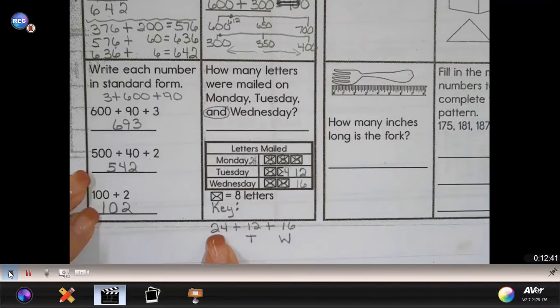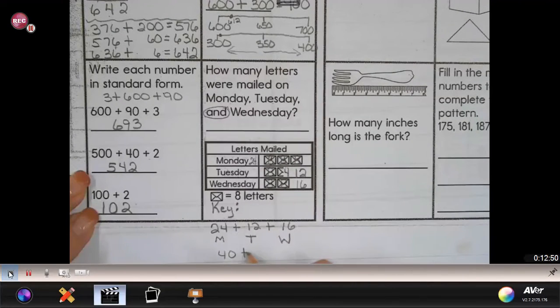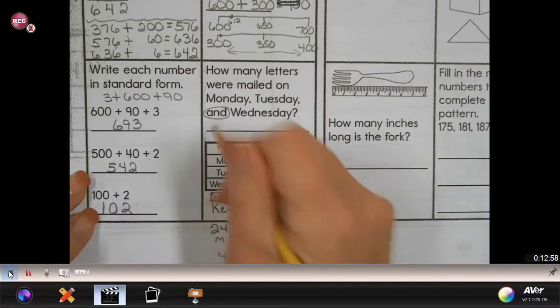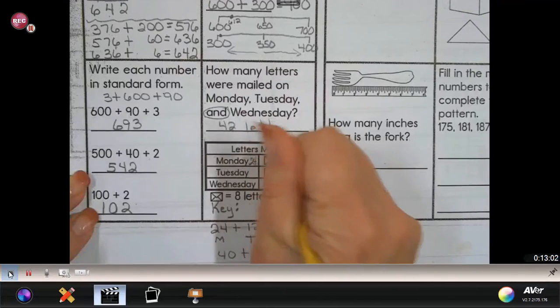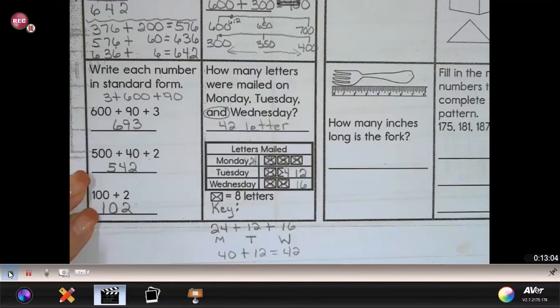I'm going to add my 10s. 20 and 10 is 30, plus 10 more is 40. And I have 4 plus 6, I know, is a quick 10, plus 2 more is 12. So I have 42 letters that were mailed on Monday, Tuesday, and Wednesday.